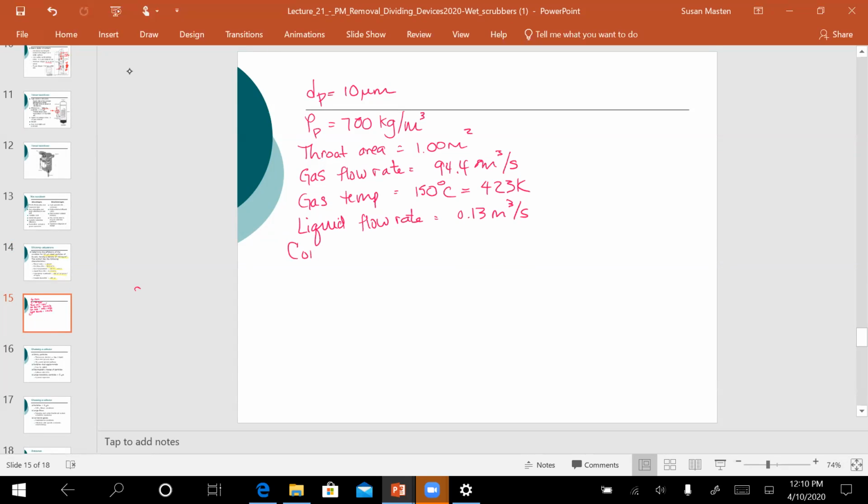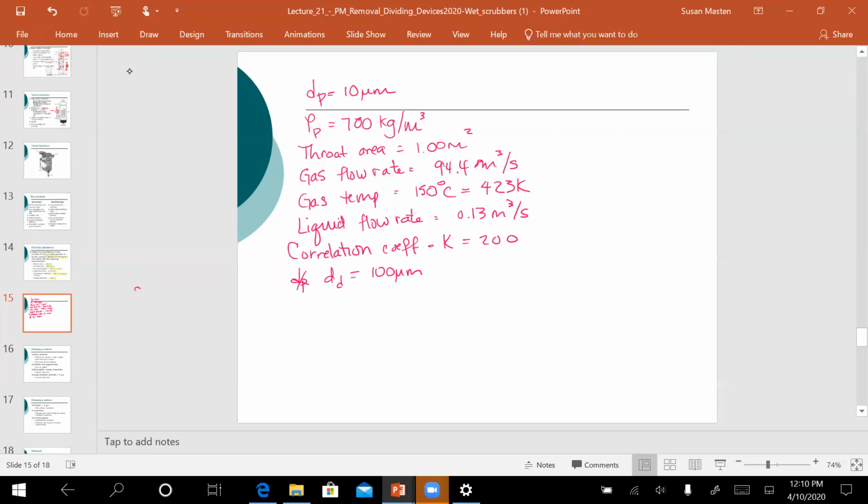A correlation coefficient, which is K in the equation that I gave you before. It's actually kappa in the equation, and that is 200. And a droplet diameter of 100 microns. Okay.